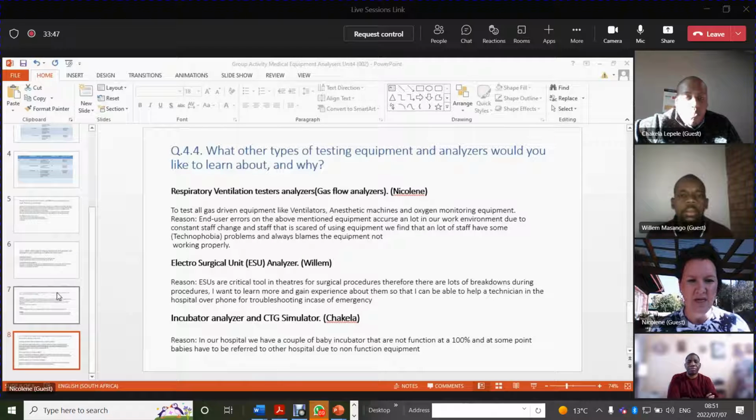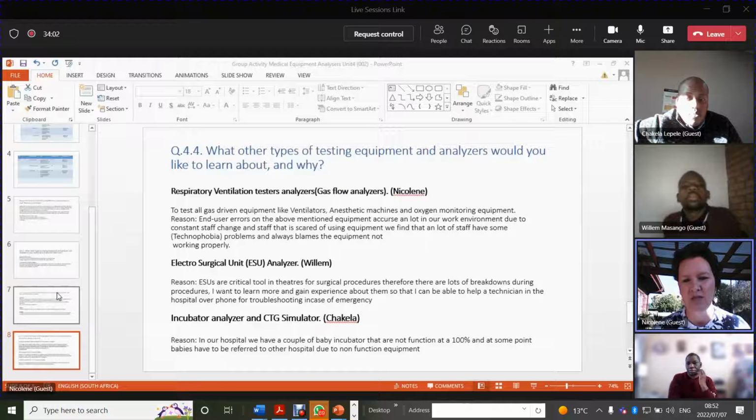Reason: end user errors on the above-mentioned equipment occur a lot in our work environment due to constant staff changes and staff that are scared of using equipment. We find a lot that some staff have technophobia and always blame the equipment for not working properly.